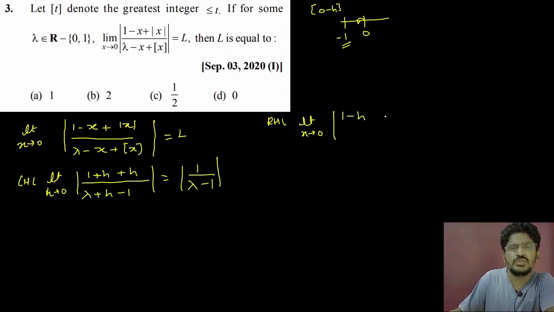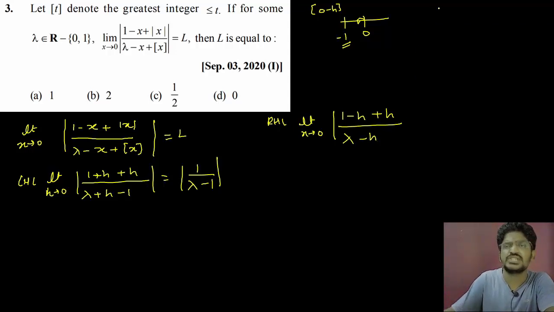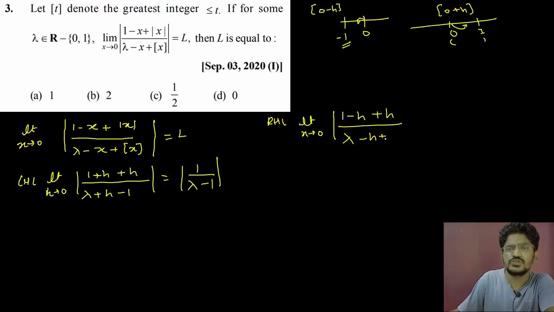Here 1 minus h and mod of h is plus h, divided by lambda minus the greatest integer of 0 plus h. You have to see here that 0 plus h lies between 0 and 1, so the greatest integer of 0 plus h will be 0. So this will be equal to mod of 1 divided by lambda.